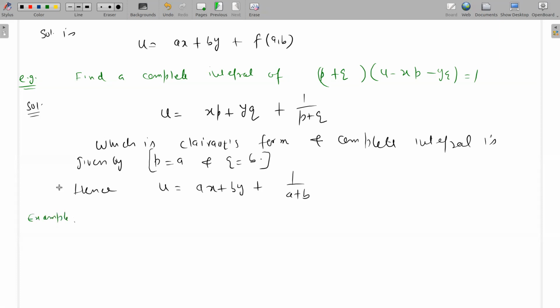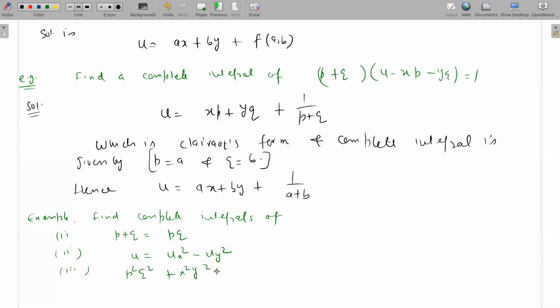One mixed example. Find complete integrals of the following, and fourth one, where p is u_x and q is u_y.